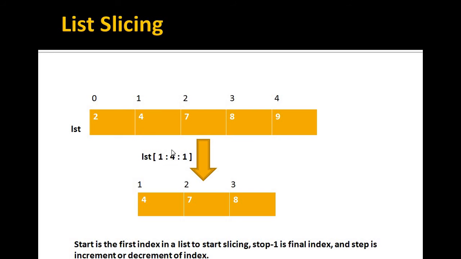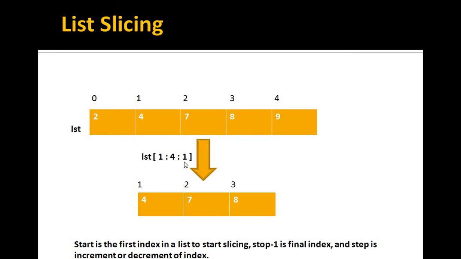Here in this example you can see we have a list, their indexes are given, and a list slice statement is given where we have passed the first index as 1, the final index as 4, that means 4 - 1, excluding it, 3. That means first index 1, final index 3, with a gap of 1 between each index.